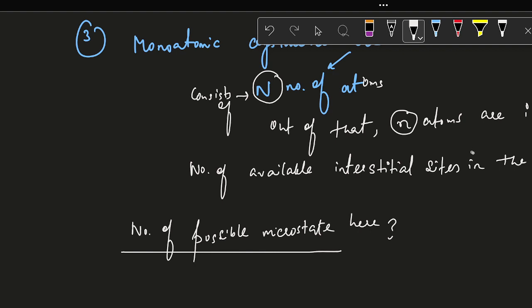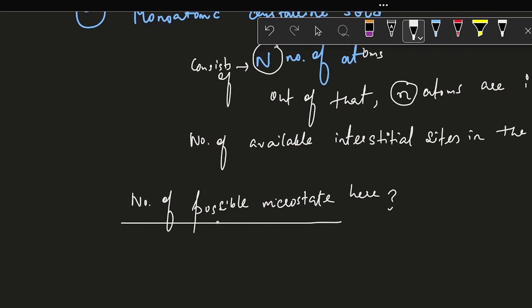In the entire solid, there are capital N prime such interstitial positions available for the atoms to sit in. You have to look at how many ways you can arrange so that all these conditions remain applied. That is your total number of possible microstates, right?